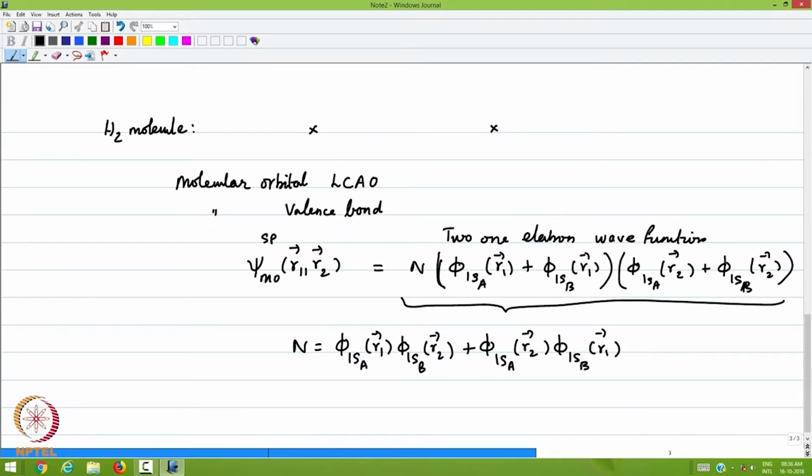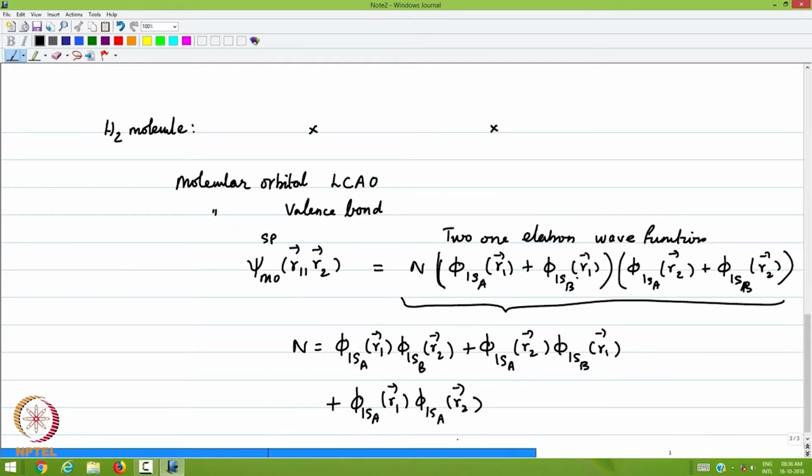These are two of the four terms that come from this product. But then there are also two other terms, which are phi 1s A of R1 times phi 1s A of R2.